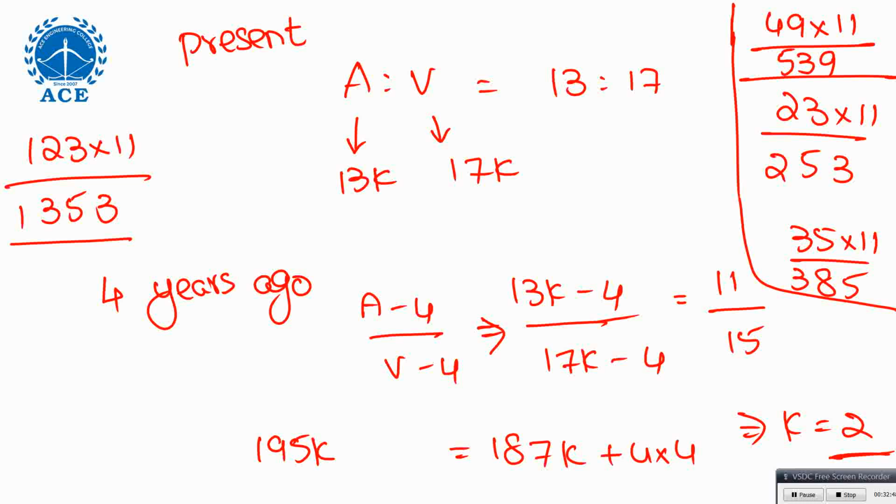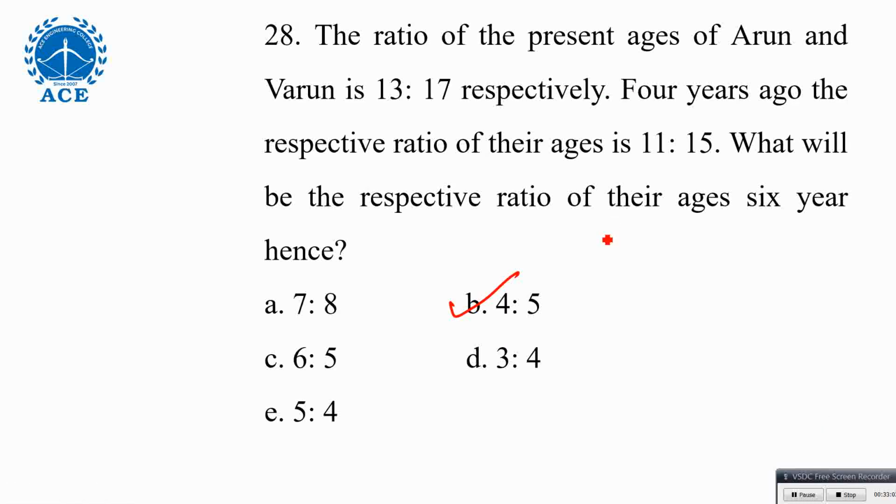Next method, within 10 seconds we are able to calculate the k value. This is a lengthy procedure. First, understand what comes to your mind. Then what's the difficulty? Why do we need to attend these classes? We'll understand. K value 2 means the present age of Arun is 26 and the present age of Varun is 34.